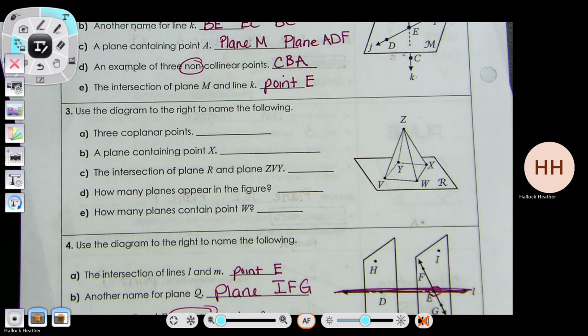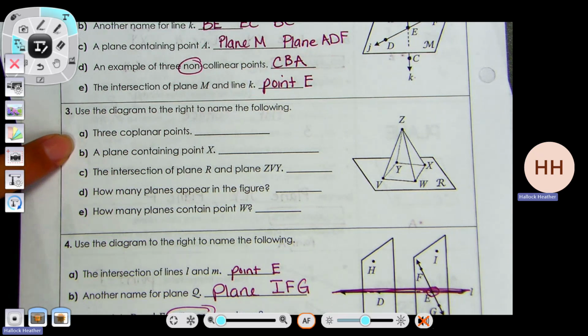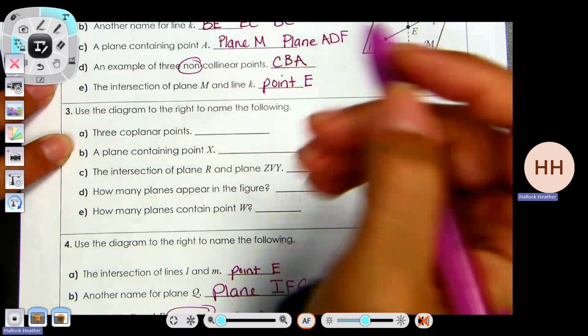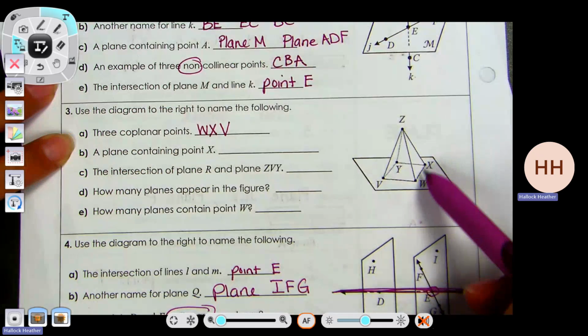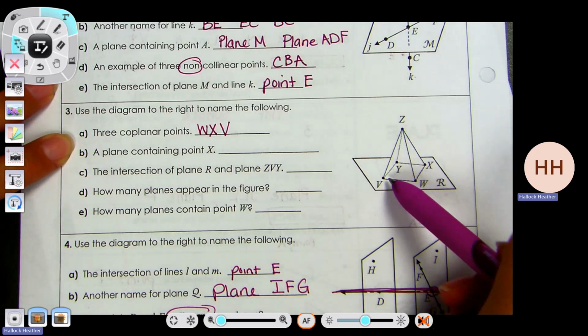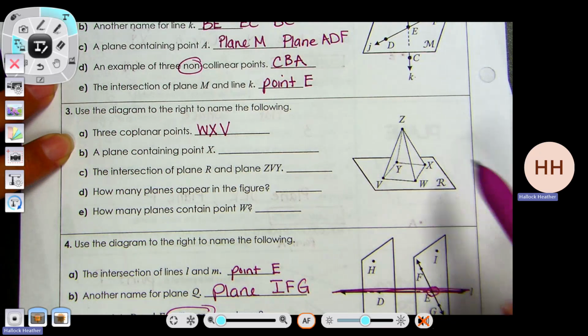Okay. These are weird. This is the weirdest kind, so let's talk about it. For A, it says 3 coplanar points. W, X, and V. Most people probably used V. You could say W, X, V. You could say X, Y, V. You can say any of the sides of the pyramid, technically.